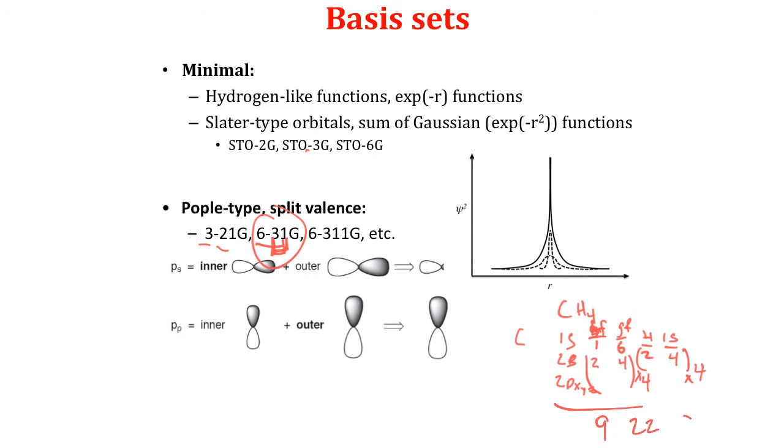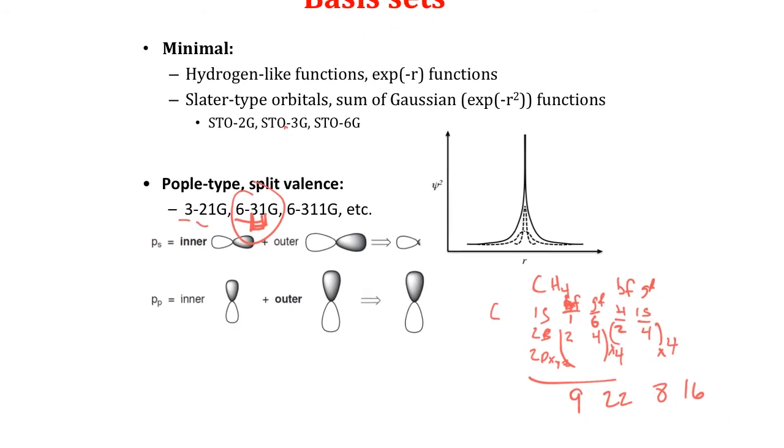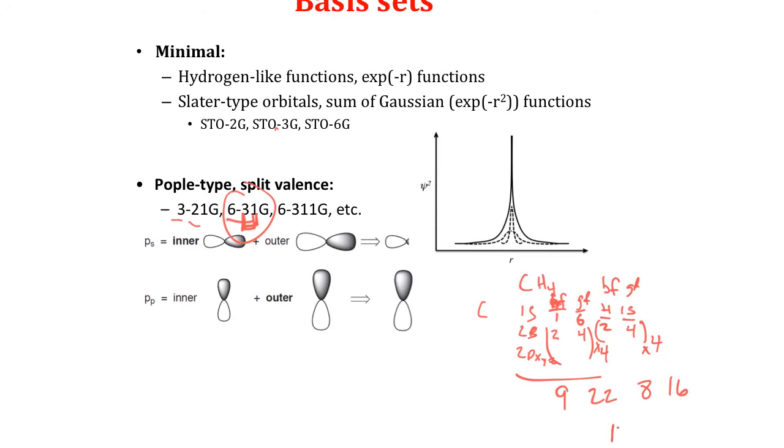Then we have 8 and 16 for our basis functions and our Gaussian functions for the H atoms. And so in terms of the total, this would be 17 basis functions and 38 Gaussian functions.